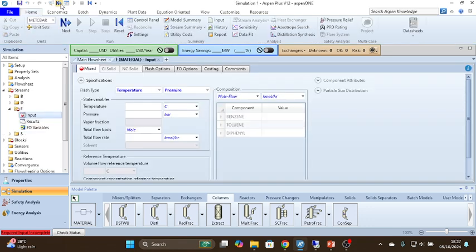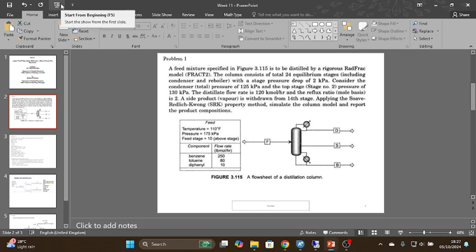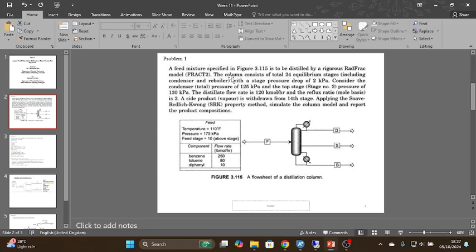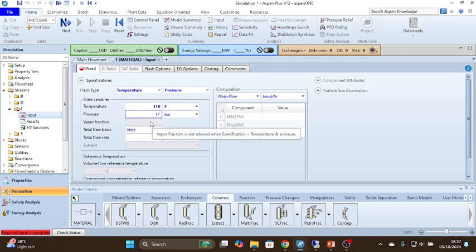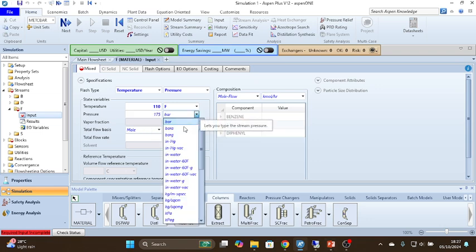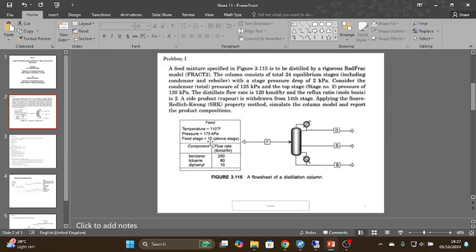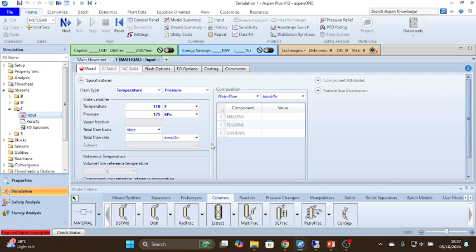Now first we have to specify the feed specifications. So the feed is at 110 degrees Fahrenheit. So this is 110 Fahrenheit. The pressure is 175 kilopascal. So this is 175 kilopascal, and the feed stage is 10th.